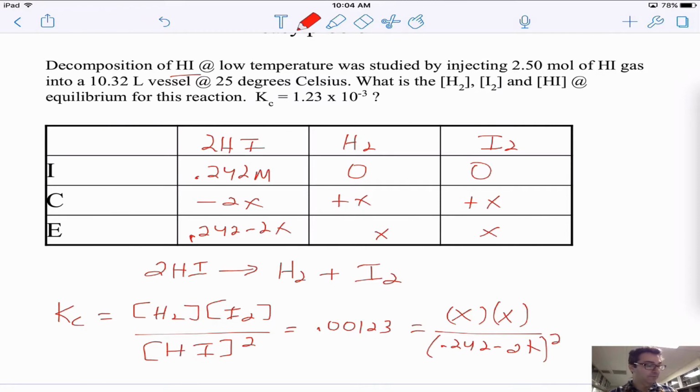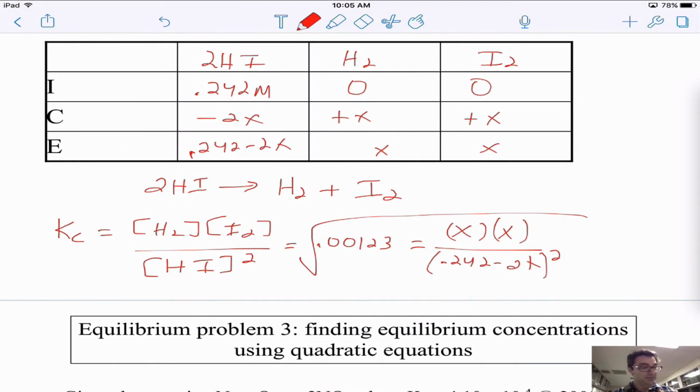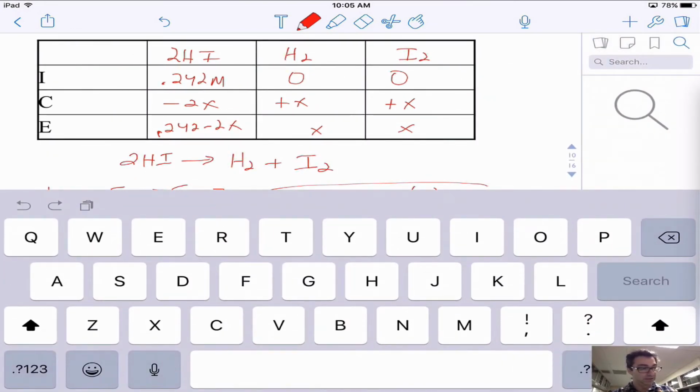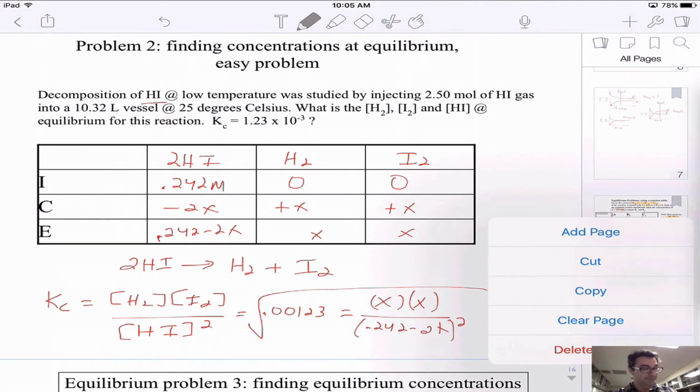Now, at first it might look like we're going to have to do some foiling and solve for a quadratic, but honestly, we're not going to have to do that. The reason why is because this is a perfect square. I can take the square root of everything on here. Let me just insert a page so I can write this out.